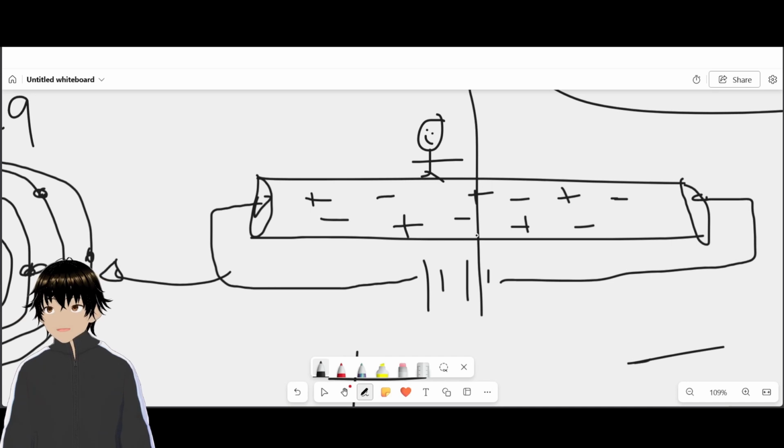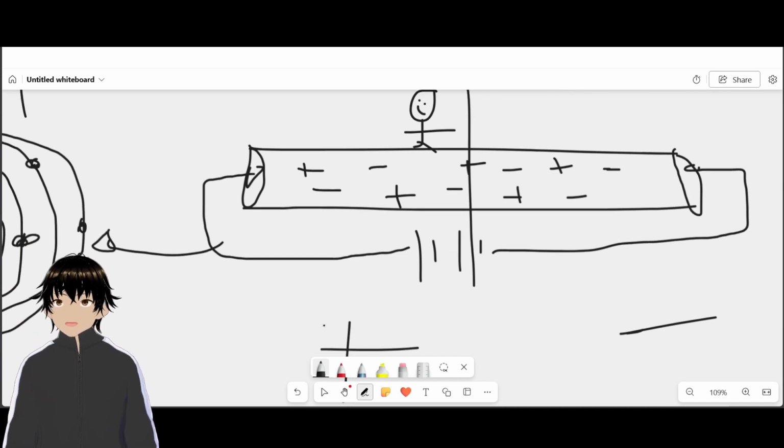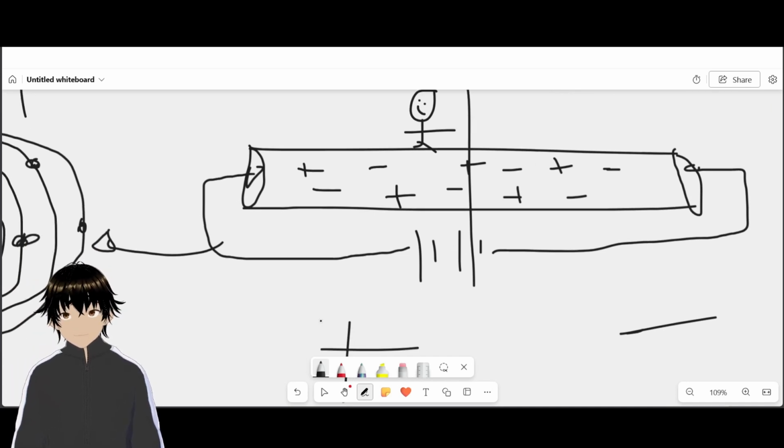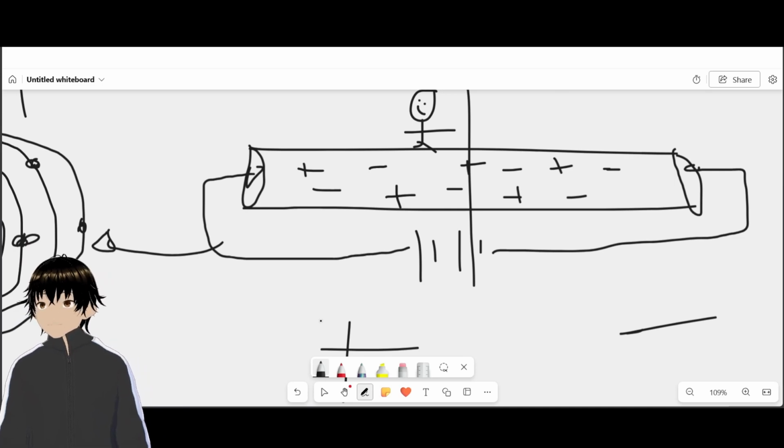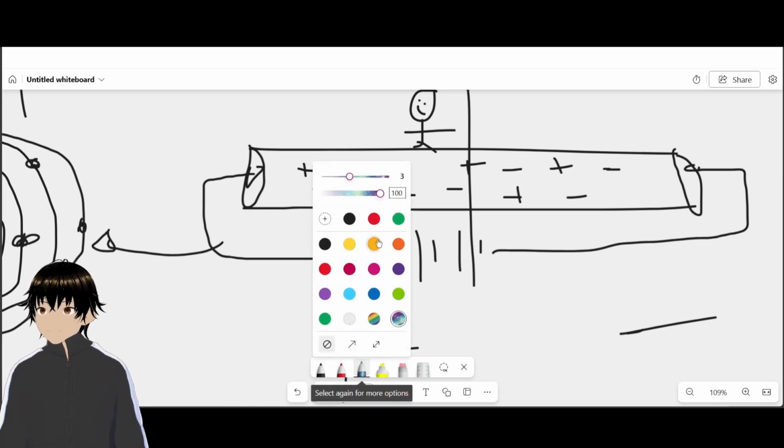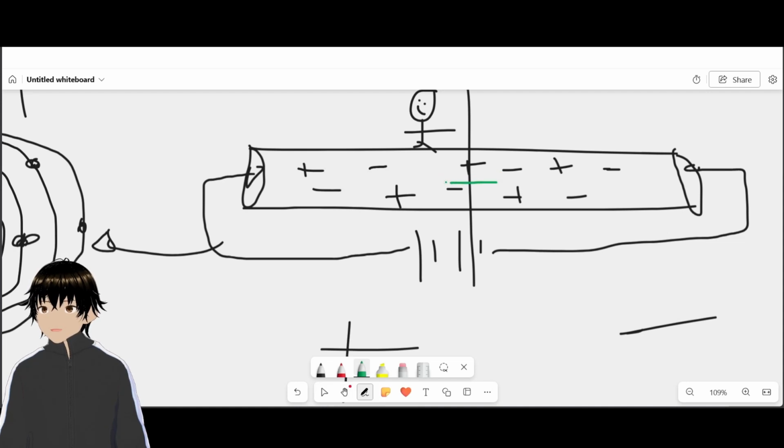So since the left side of the copper wire is a positive charge, obviously it's going to attract negative charges. So you're going to see charges going to the left direction.